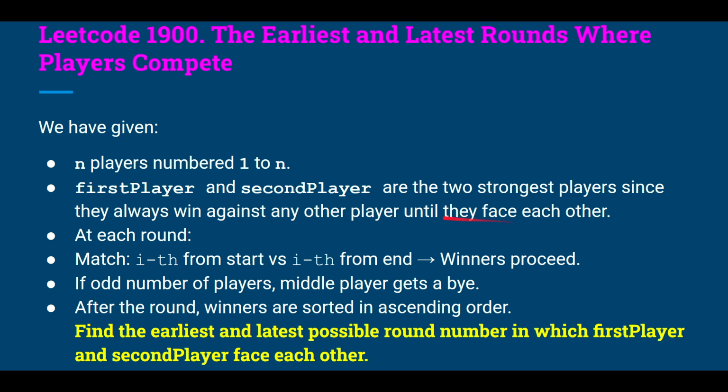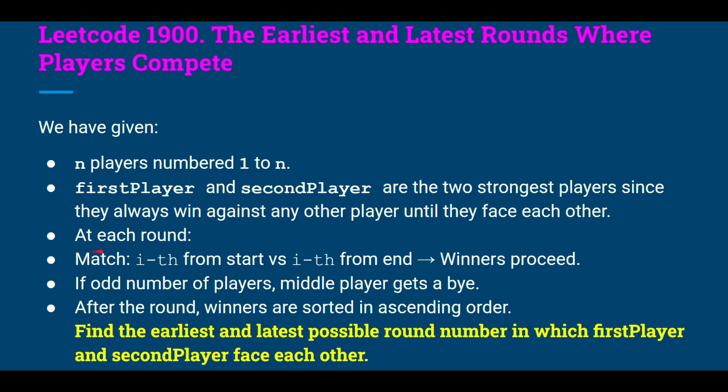That means the first player and the second player, the topmost or strongest players, can win until they come to face each other. So this concept we also have to take care of.